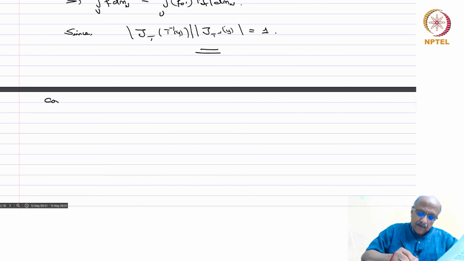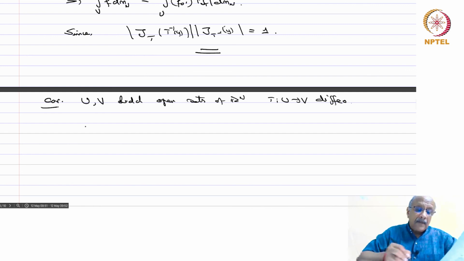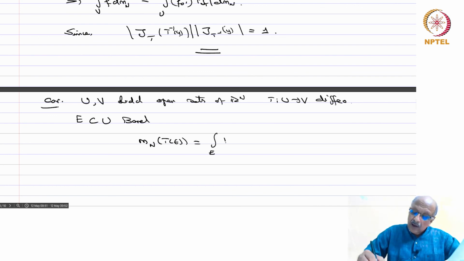So, corollary: you have U, V bounded open sets of Rn, T from U to V a diffeomorphism, E contained in U Borel. Then you have μn of T(E) equals the integral over E of mod Jt dμn.